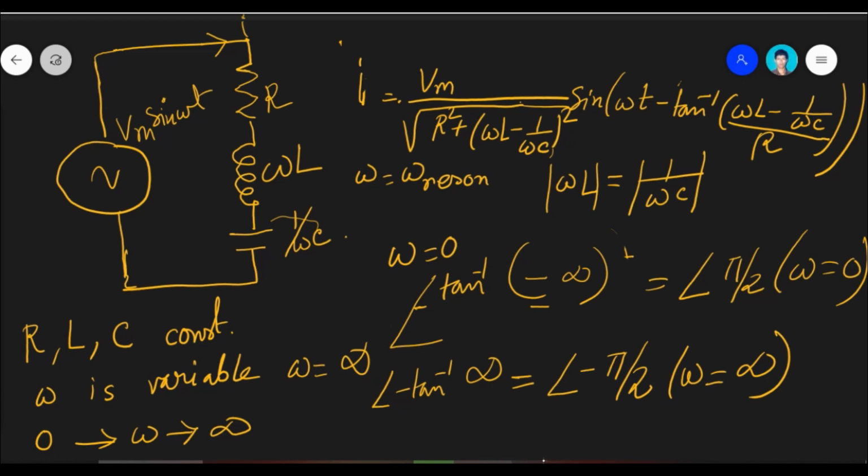We should not forget that for both omega equal to 0 and omega equal to infinity, the magnitude of current becomes 0, but the phase angle for omega equal to 0 is pi by 2, while for omega equal to infinity it is minus pi by 2. Correct? So with this understanding, let us try to draw the locus diagram for variable frequency omega.